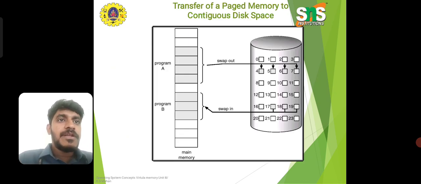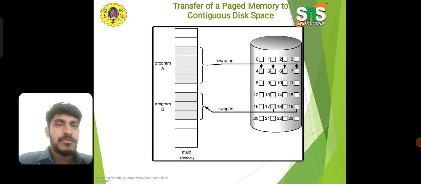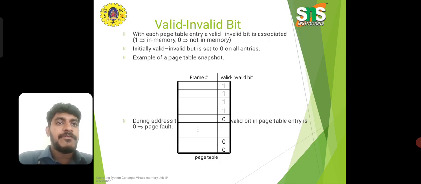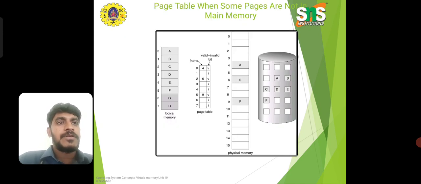Next is the transfer of a paged memory to contiguous disk space, with swap out and swap in, shown with program A and program B in main memory. Then the valid and invalid bit: each page table entry has a valid-invalid bit. Some pages are not in main memory.